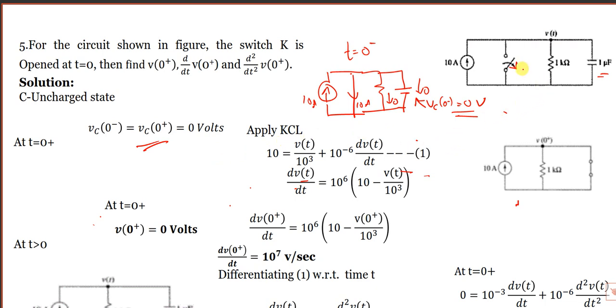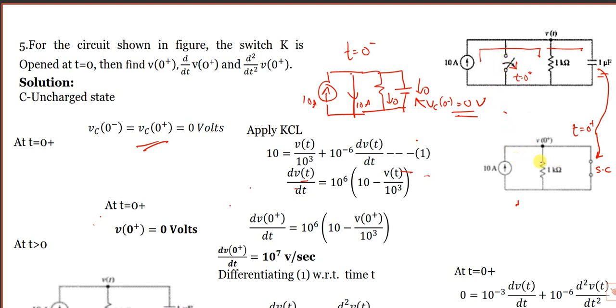Now the switch is opened at t is equal to 0 plus. Now this current will flow through this, and the capacitor acts as a short circuit. At t is equal to 0 plus, just after switching, the capacitor acts as a short circuit, and this switch is open at t is equal to 0.